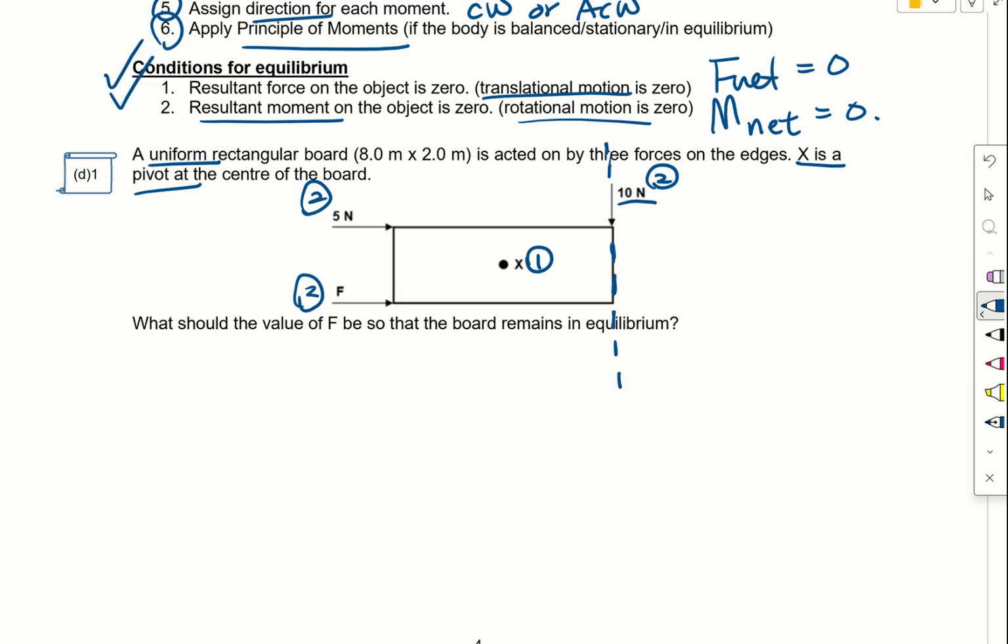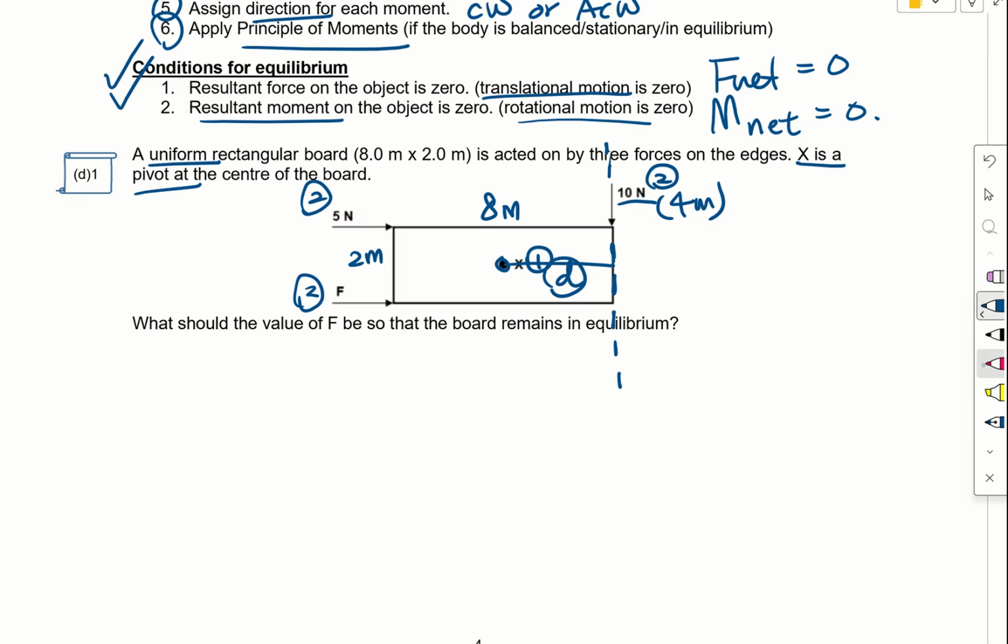Because the pivot is over here, this will be the perpendicular distance for the 10 Newton. Since this board is 8 meters by 2 meters, and the pivot is in the center, the perpendicular distance for this 10 Newton is 4 meters.